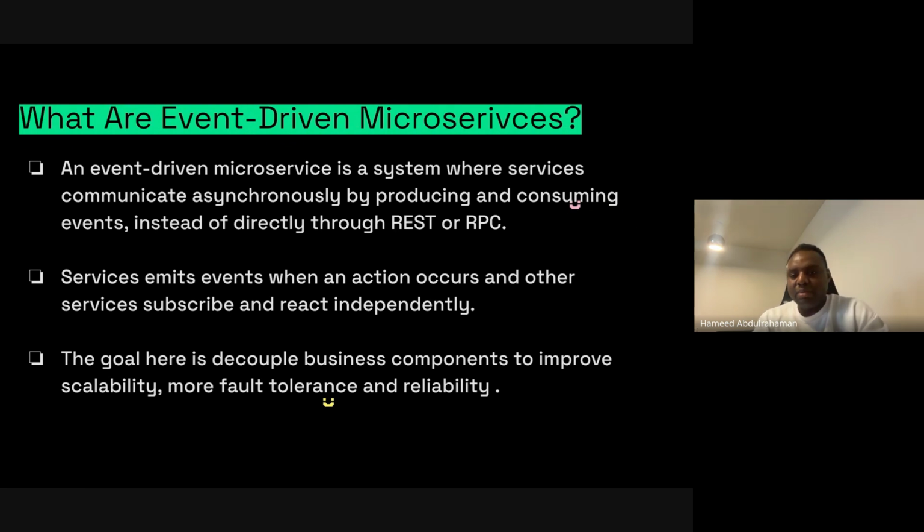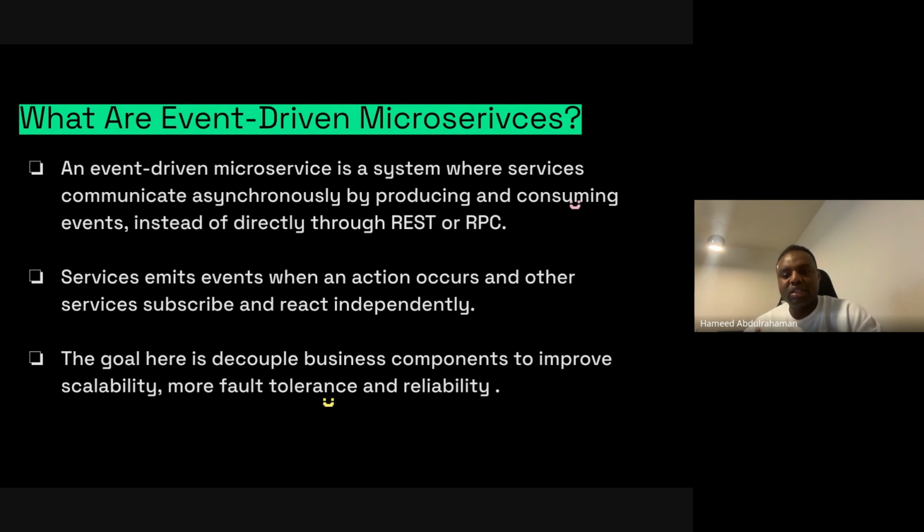Then we moved into microservices. Microservices had their own pitfall, which is that most intercommunication is done through HTTP requests. The user sends a request to a certain service, and that service has to communicate with another service through an HTTP request.